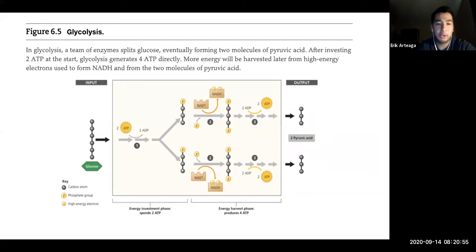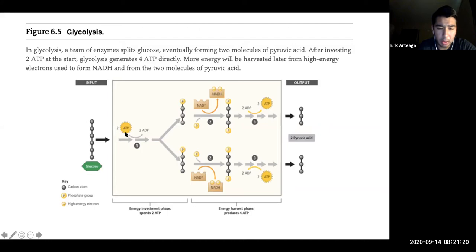So again, glycolysis, first part of this series of energy harvesting metabolic pathways. We break down glucose in order to gain this pyruvic acid, but most importantly is to gain ATP. Okay. I think I already covered glycolysis, but let's just start here.